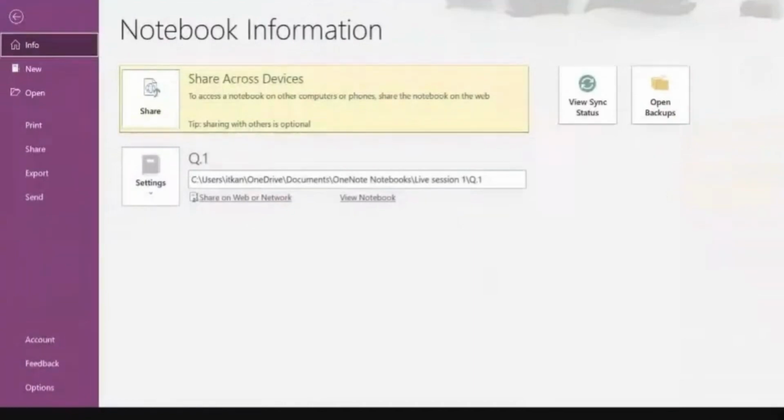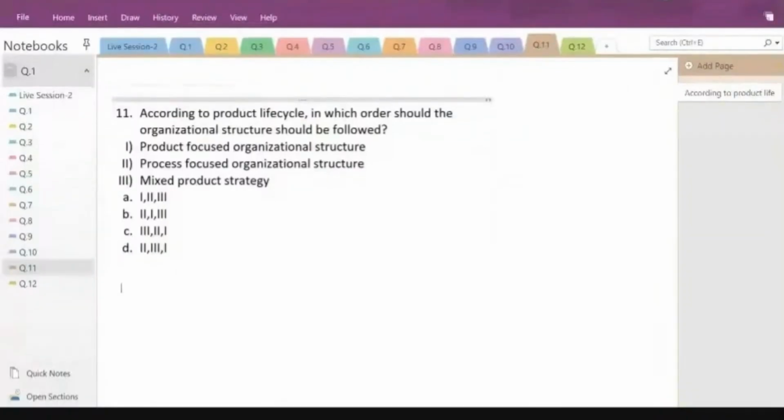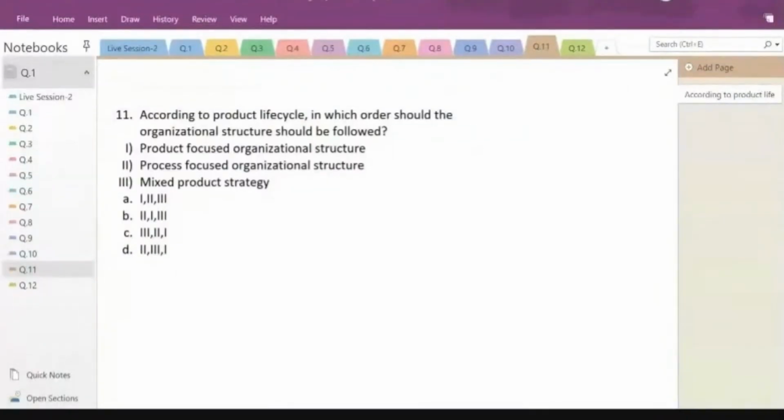Okay. Some answers are there. D. Many are giving D. Okay. Yes, D is the correct answer.